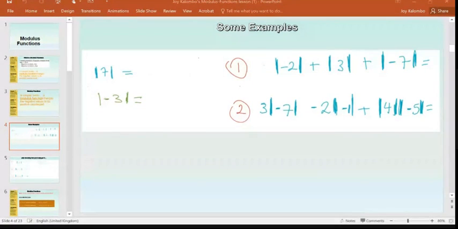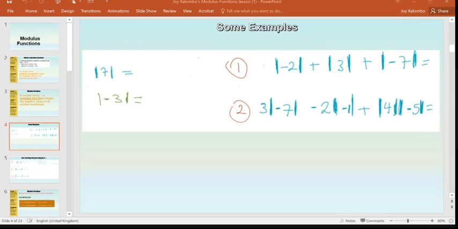For number 1, I got 12 because it's 2 plus 3 plus 7. And then for number 2, I got 21 minus 2 plus 20, which is 39. Perfect. So 12 and 39.